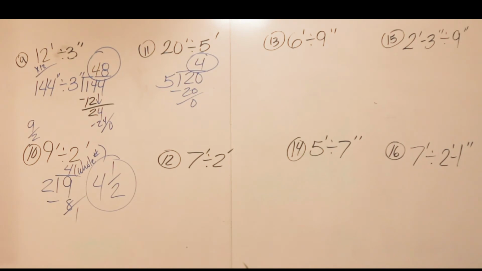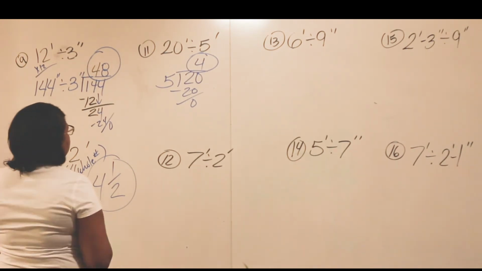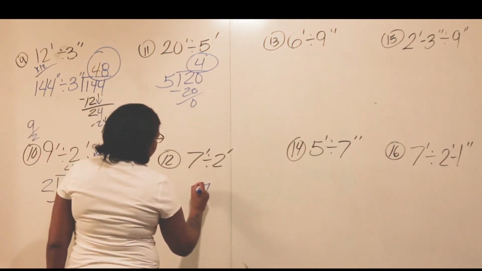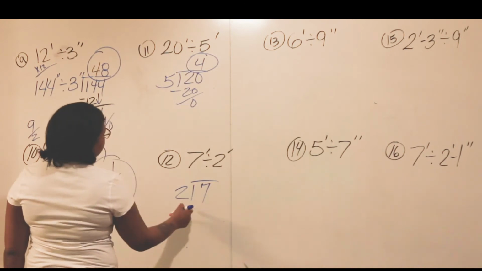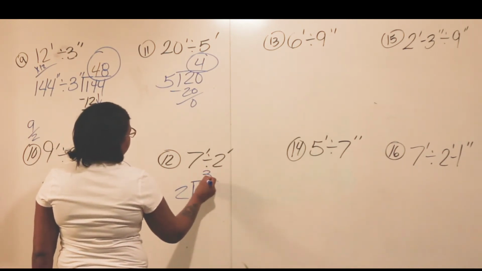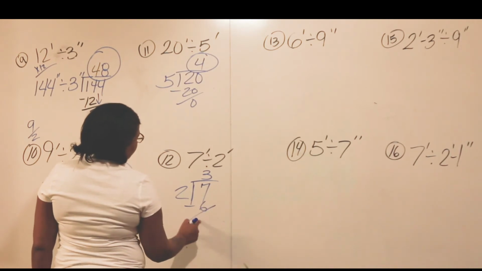Number 12, we have 7 feet divided by 2 feet. What do we need to do? Do we need to convert inches to feet? No. Feet to inches? No. So all this is telling us, measurements fall off because the measurements are the same, is 7 divided by 2. 2 goes into 7 3 times. We subtract 6 from there, we're left with 1.